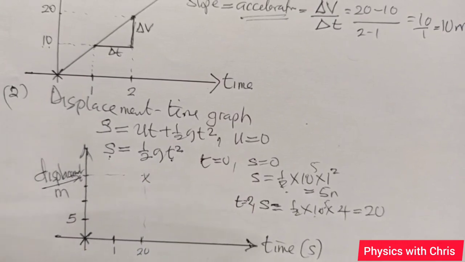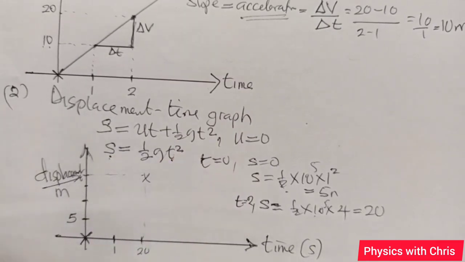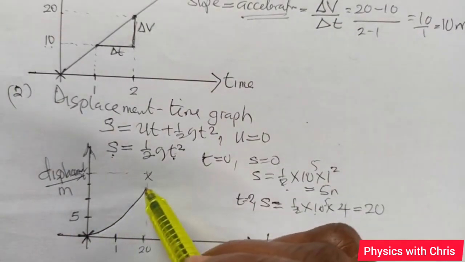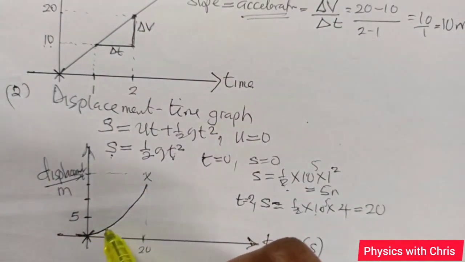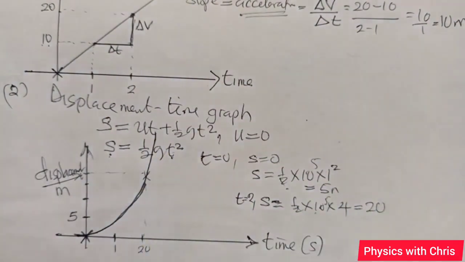So this graph is not going to be a linear graph. It's going to appear parabolic in nature, a quadratic graph, because it is a graph of displacement against time with time squared in the equation. So it will be a graph that curves continuously upward in the absence of air resistance. It keeps on curving.